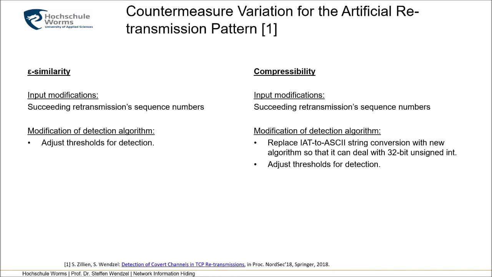For the compressibility score, we looked at succeeding retransmission sequence numbers too and replaced the string coding, where in the original approach the inter-arrival times were transferred into some ASCII string coding, with a new algorithm that uses a different strategy to deal with the unsigned 32 bits sequence number. Also, the thresholds for detection had to be adjusted as always.